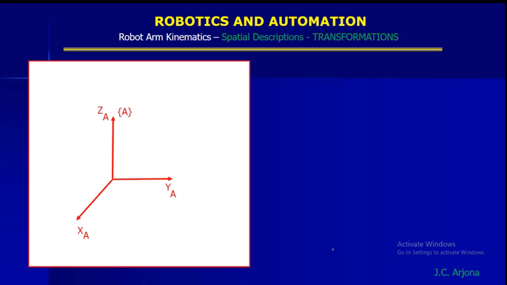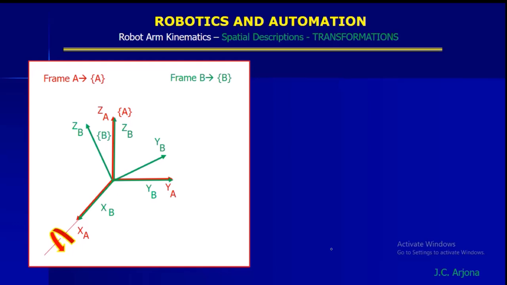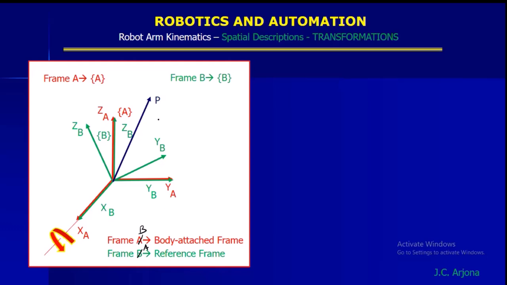Okay. Here this time, we have frame B rotated about the x-axis. So this is B again. This is A. So the result will be your YB is here, your ZB is here. And here is the position, the point P in question.